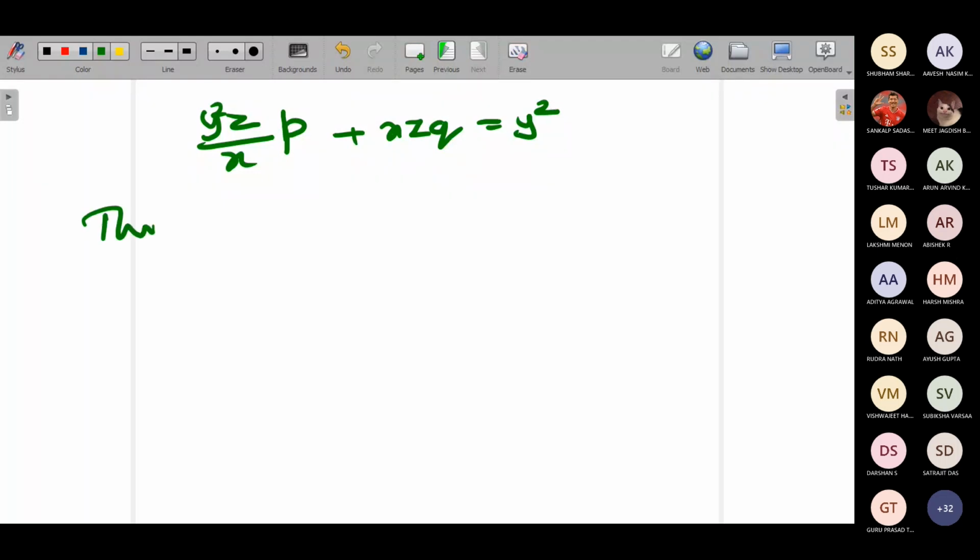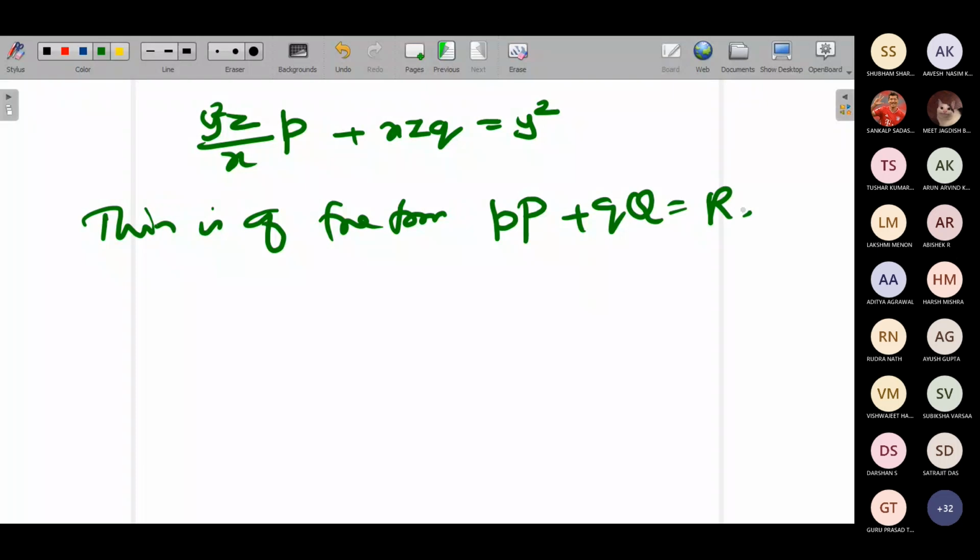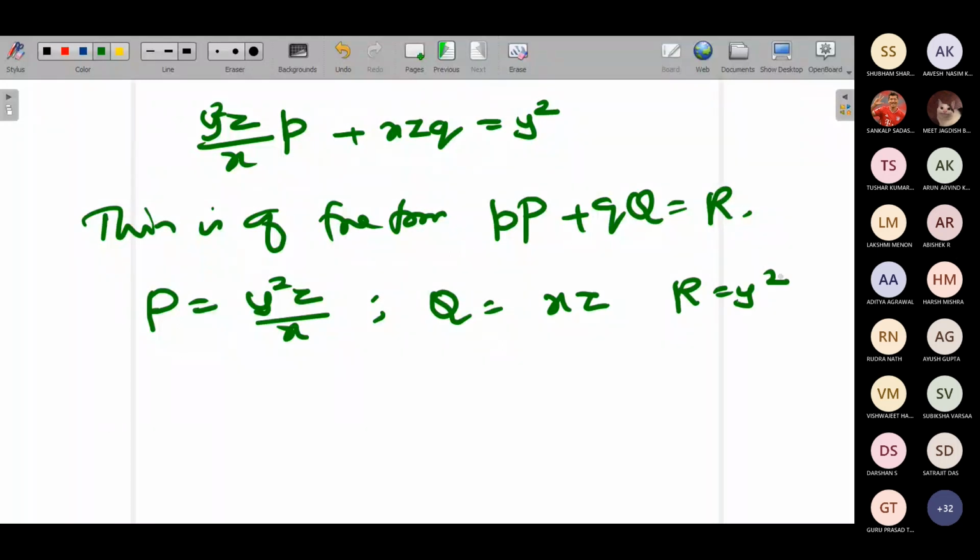Here, this is of the form capital P p plus capital Q q equals capital R. So what is your capital P? Immediately write down y square z by x. What is your capital Q? xz. What is your capital R? y square.